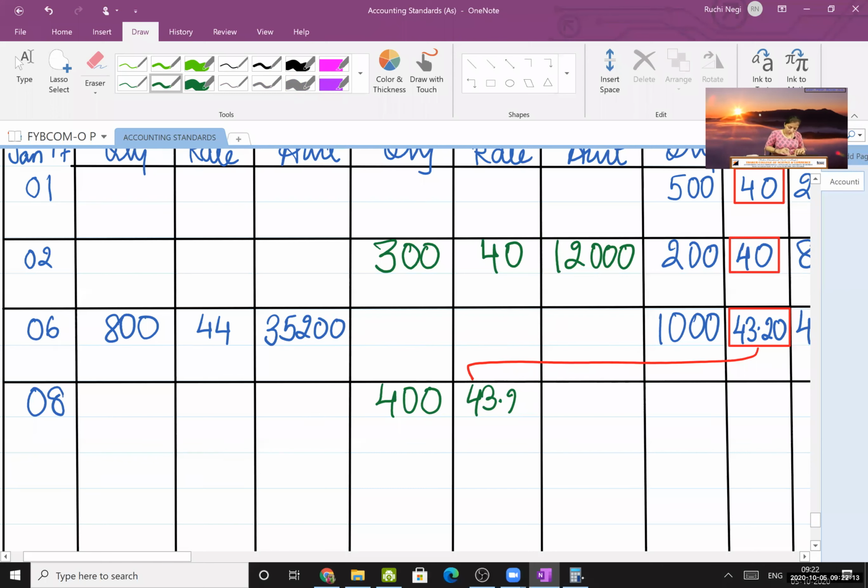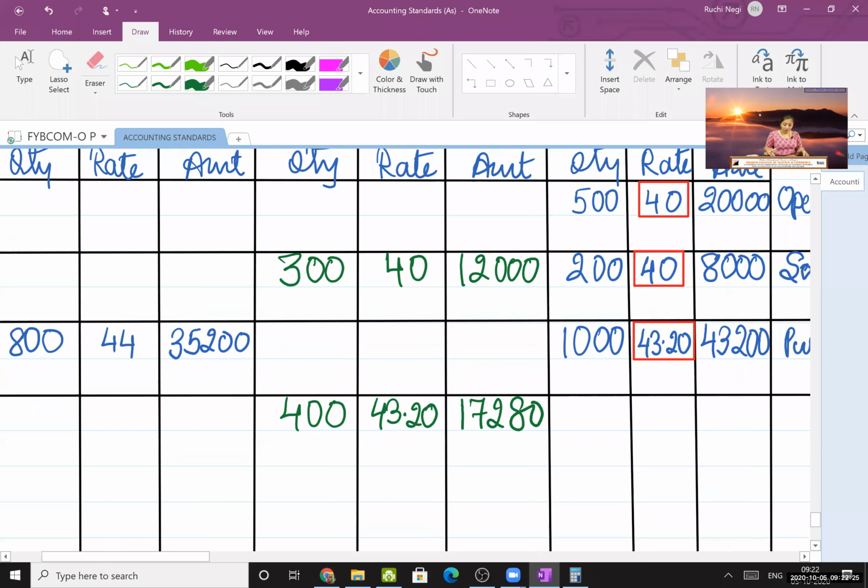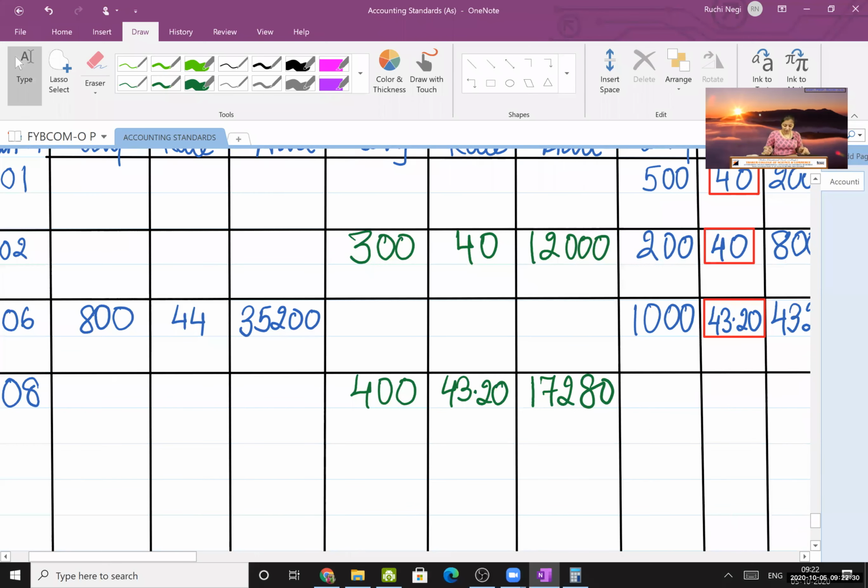43.20. So 400 into 43.20 is 17,280. So write down 17,280. Now what has happened? A sale has happened, so the quantity goes minus; my goods in the godown are less now. So quantity minus, 1000 minus 400, 600, and amount minus 17,280, which gives 25,920.